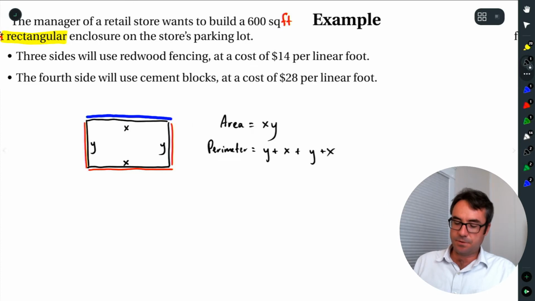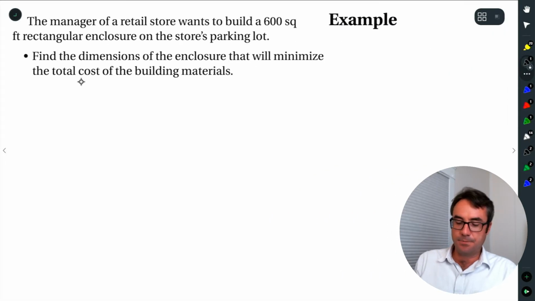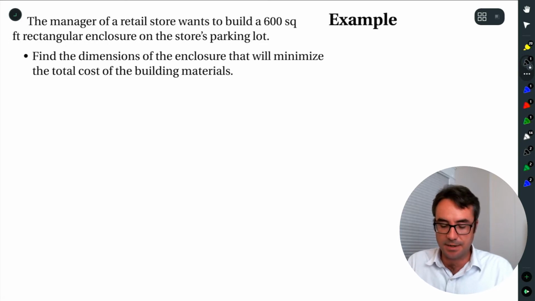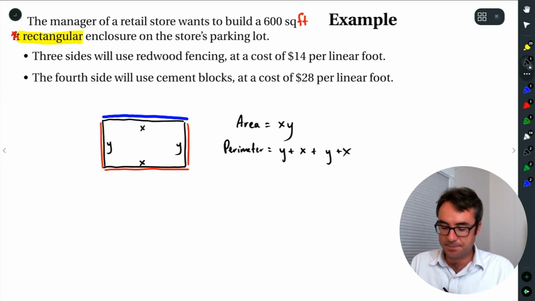So let's flip over to the problem here. We actually want to find the dimensions of the enclosure that are going to minimize the total cost. So we're interested in how much this thing actually costs. We're going to be fencing this in. How much is it going to cost? Let's go through and figure out the cost of building each side of this rectangle.